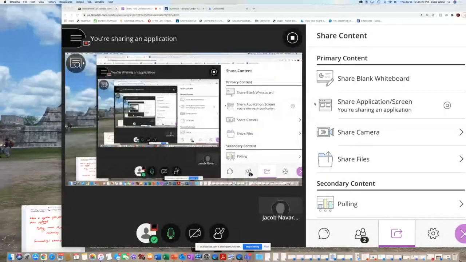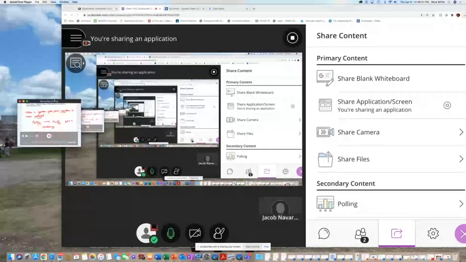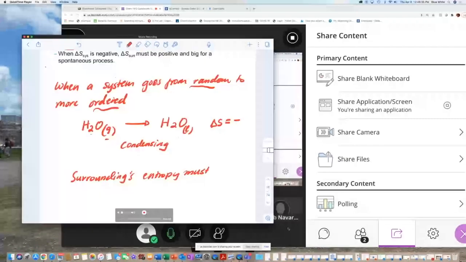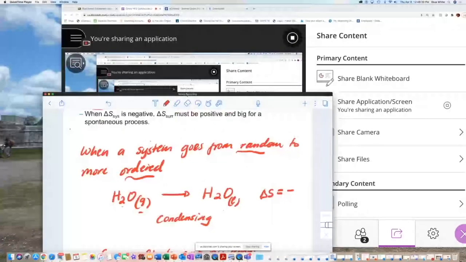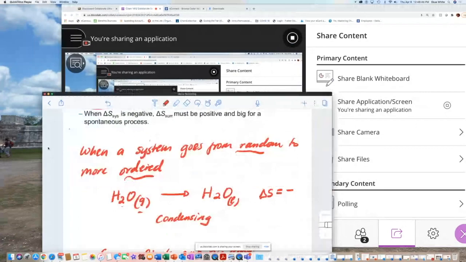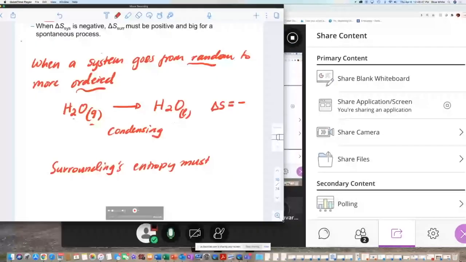Any better? This is a black screen. Let me share content and see. Come on, collaborate. I'm sharing. There you go, you see it? Yes. Is the recording still going on? Oh, it's still going on. Okay, no complaints.